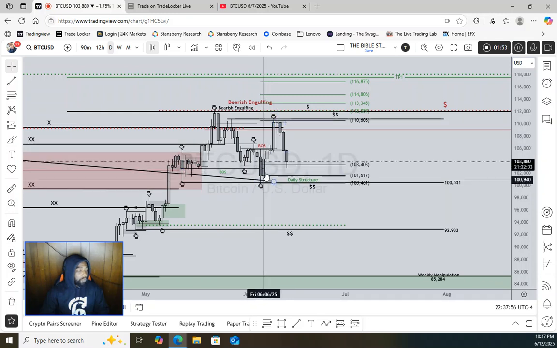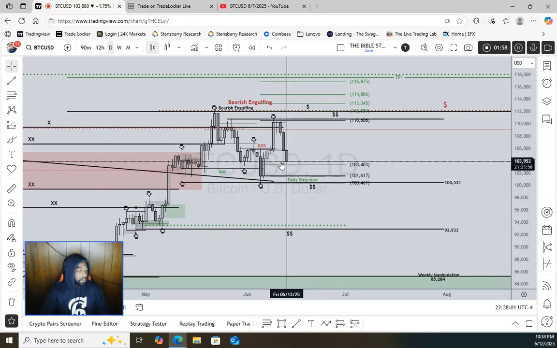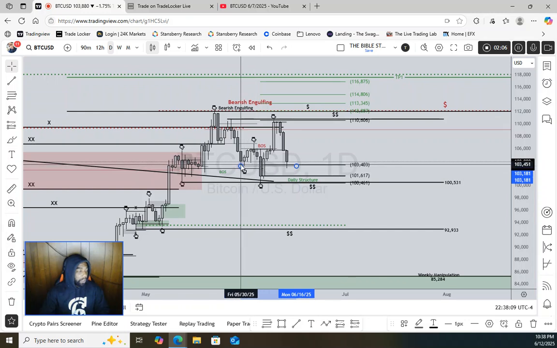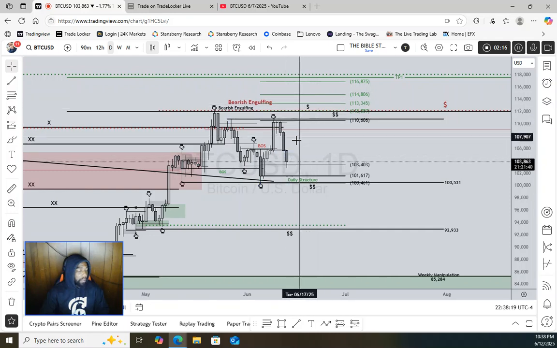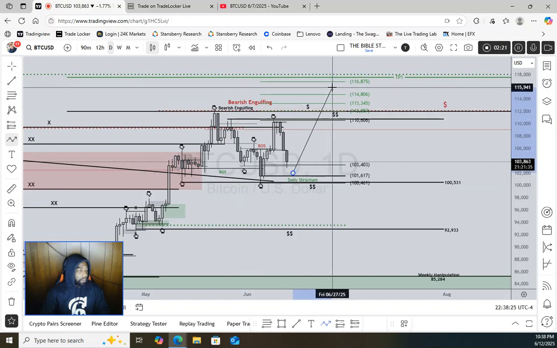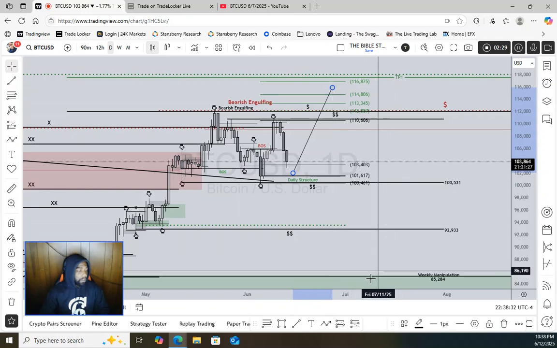So now we got swing to swing, retrace. We're here in the snipe zone at this 12-hour manipulation. We got daily structure here, and we can anticipate price to give continuation to the upside. Swing to swing, retrace, continuation.